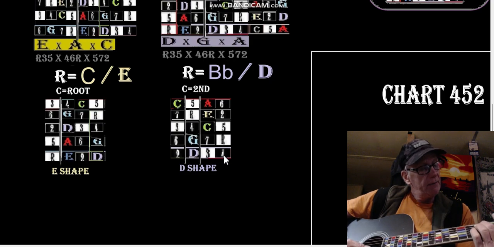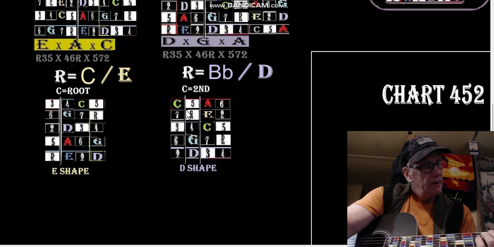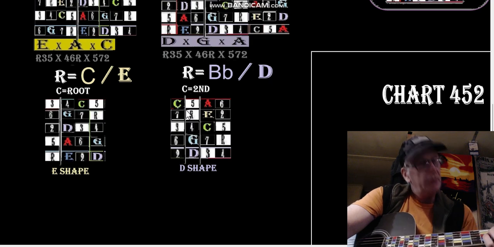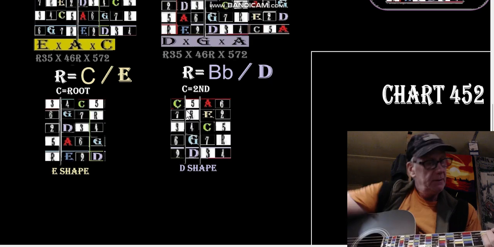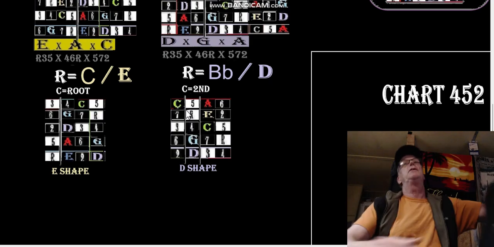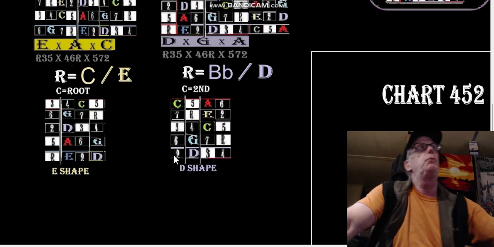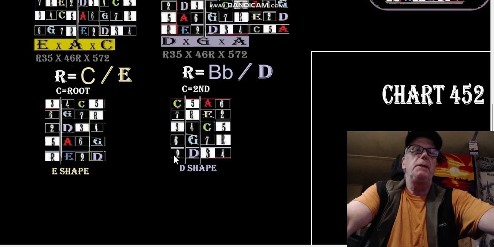But then we have these guys up here. So we're actually going to be barring it there and playing it like this, which means it's almost like a 4th. Remember when we took the 4th up 1 to make the E shape in the C box?